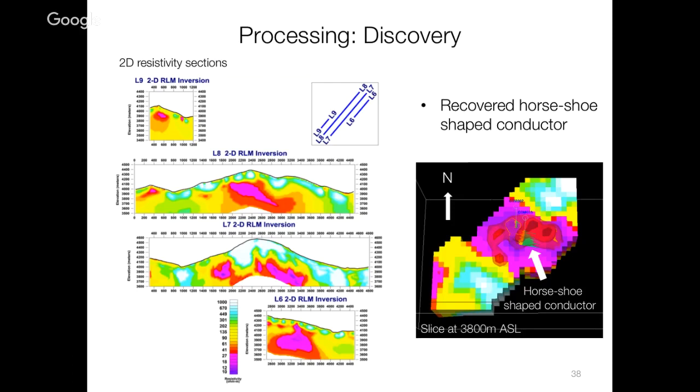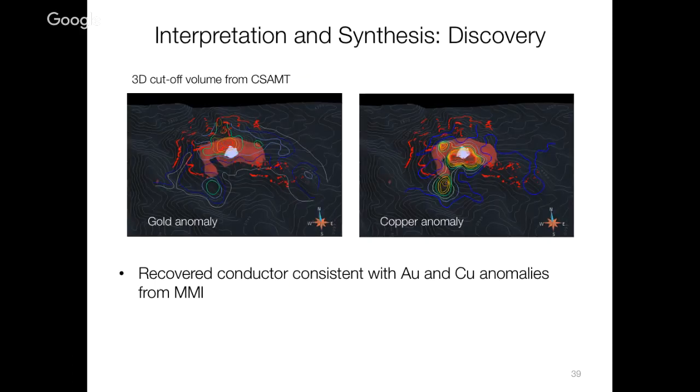So there's definitely a real conductor there, and that corresponds to the geochem data. Here's the gold anomaly outline, and here is the copper anomaly, and that conductive region that was obtained is underlaying this, so you can see there's actually a nice correspondence between the geochem and the electrical conductivity. So that's good.